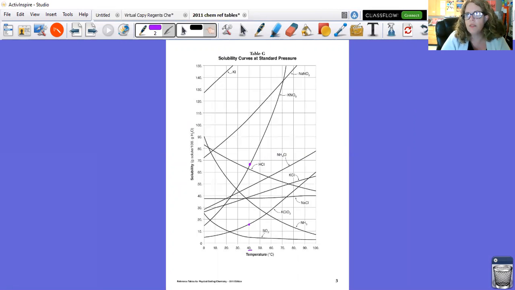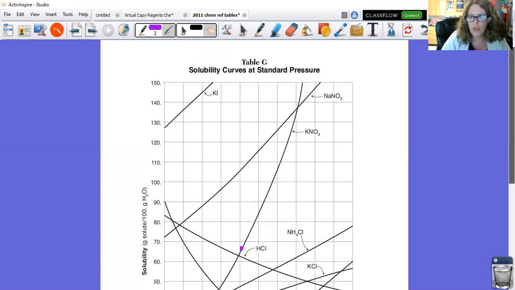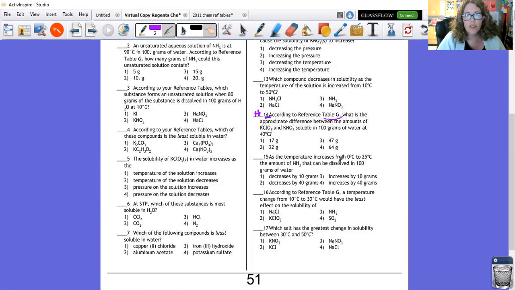Let me just make the screen a bit bigger for you guys to see. All right, so now those are my 2 points at 40 degrees. I have about 15, and that's about 65. So going back to our questions, it's not going to be 64, and it's not going to be that.